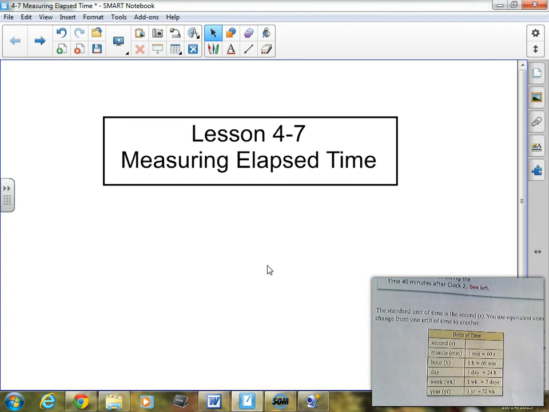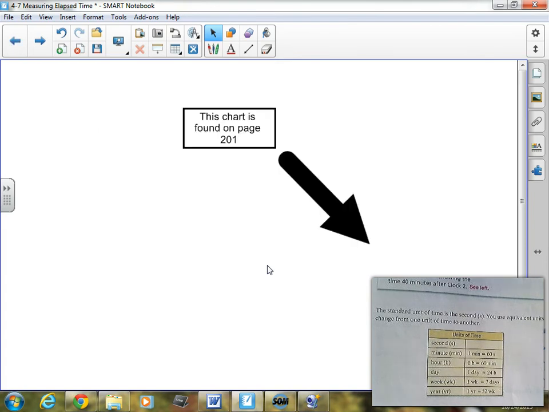Be very wise to go ahead and turn to page 201 in your book, and you can see that chart that's on the camera here. That chart is incredibly important because that chart lists for us what are called equivalencies, meaning one thing equals another. For example, 1 minute equals 60 seconds. 1 hour equals 60 minutes.